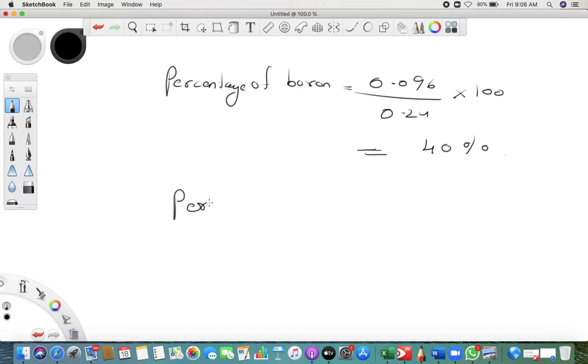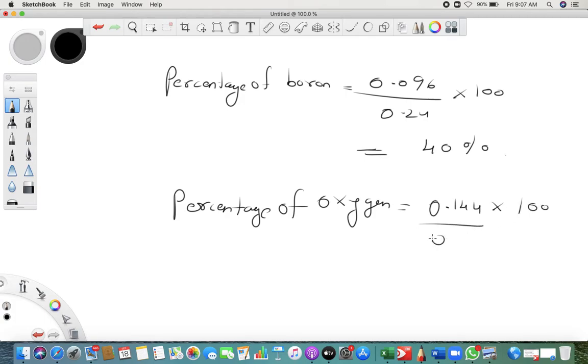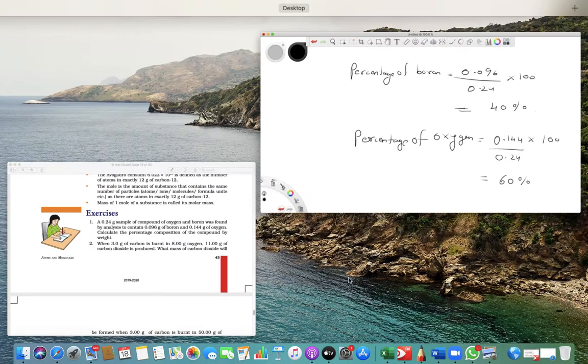The way we used to find out the regular percentage, percentage means what? Given proportion upon total into 100. Now percentage of oxygen is 0.144 into 100 upon total, so that makes it 60%. So this is actually how we can find out the percentage. Okay, got what I said? Fine, let's see the next one.